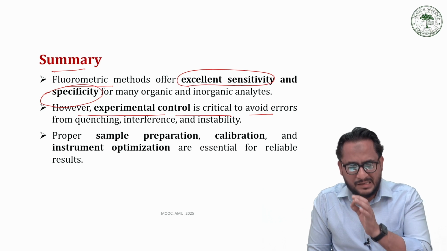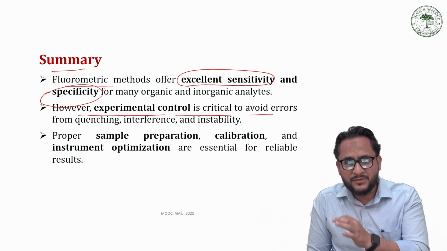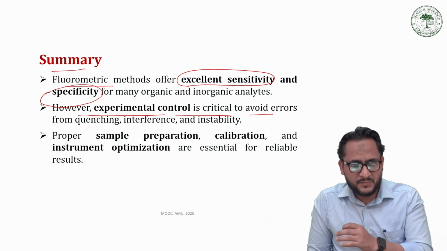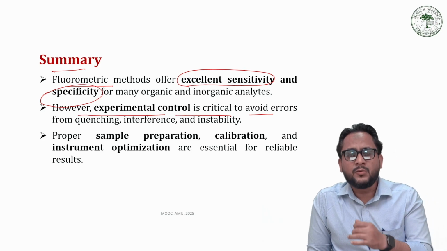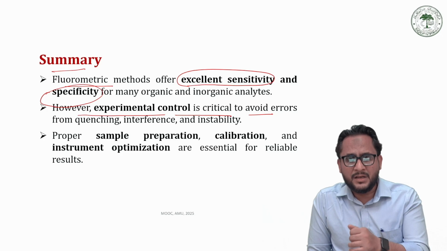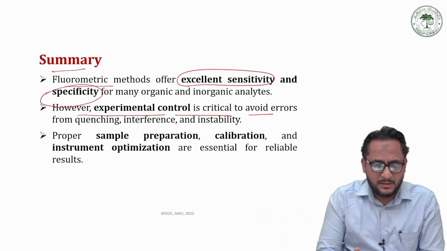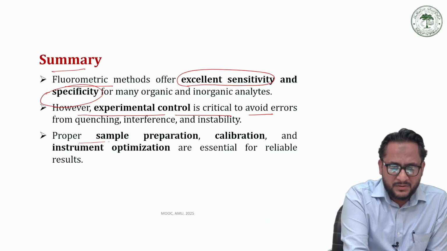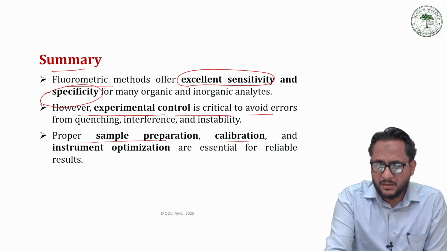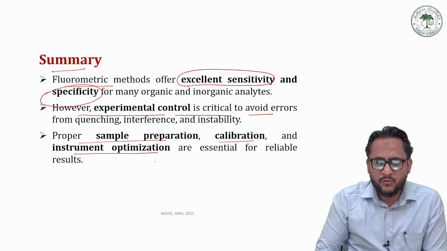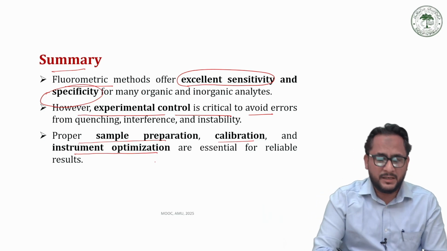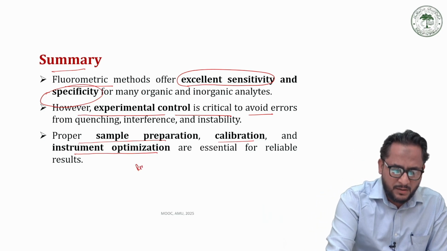Still the results are reliable, because we can control these parameters and have reproducible results just by doing proper sample preparation, making a proper calibration curve with utmost care, and optimizing the instrument. We of course reduce all these interferences to get reliable results.